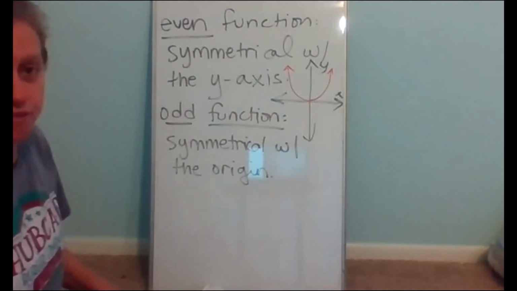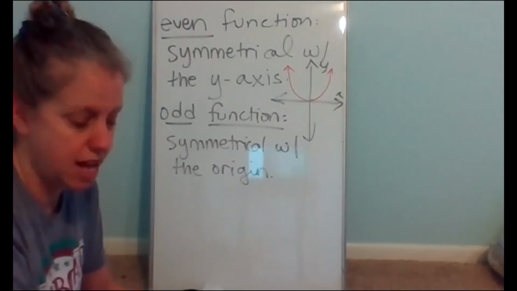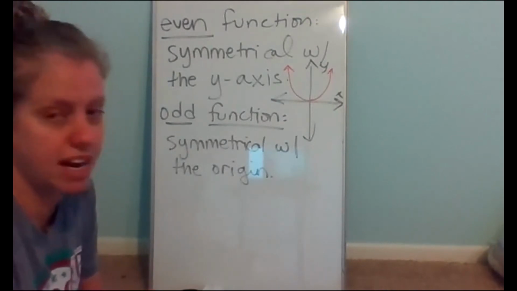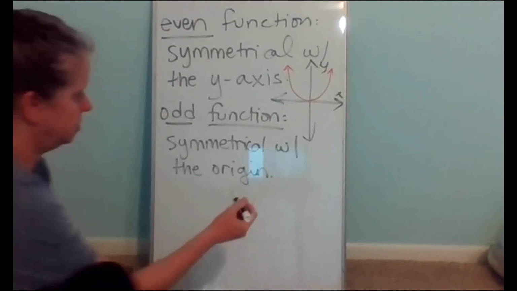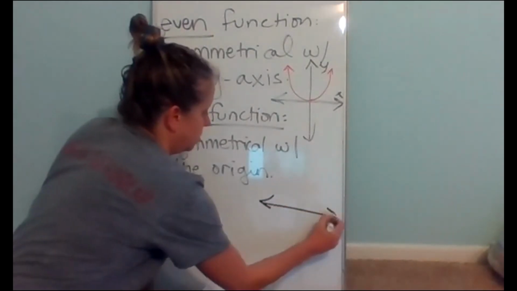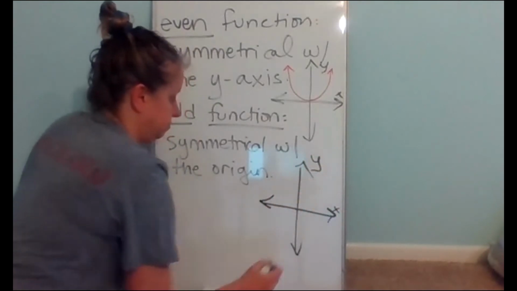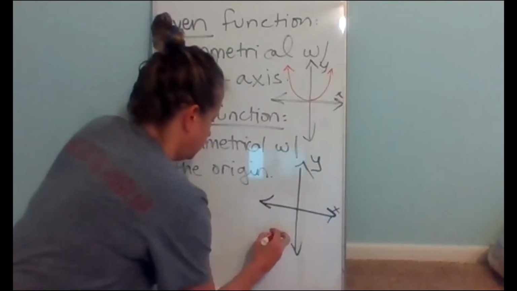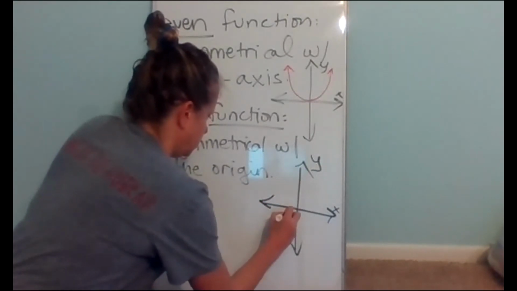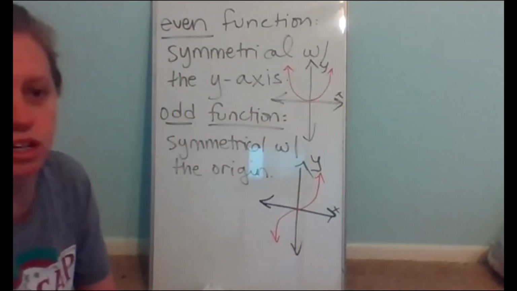If you are an odd function, then you're symmetrical with the origin. And an example of that would be an x cubed graph, right? Because cubed would be odd. And there's what the graph of x cubed looks like.